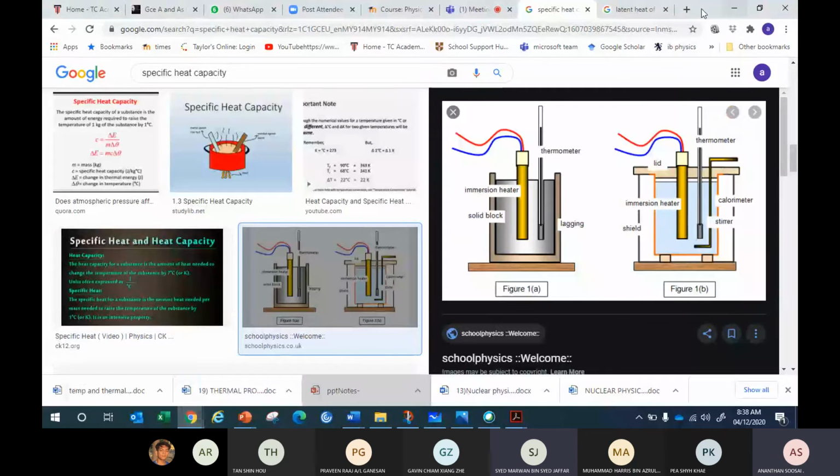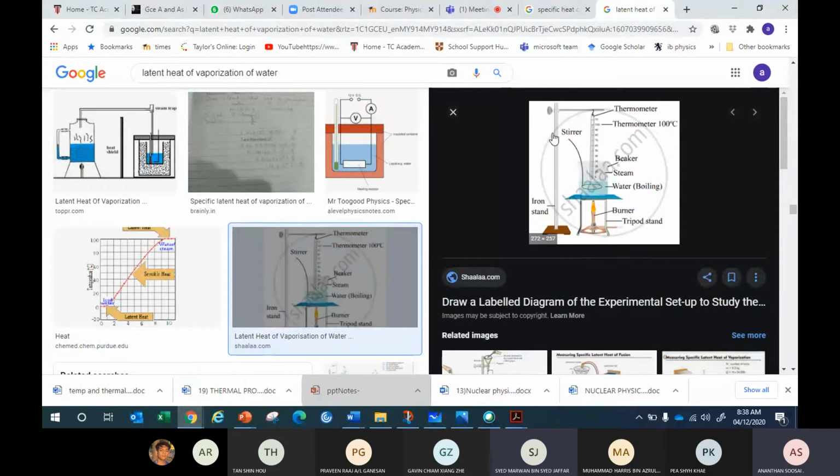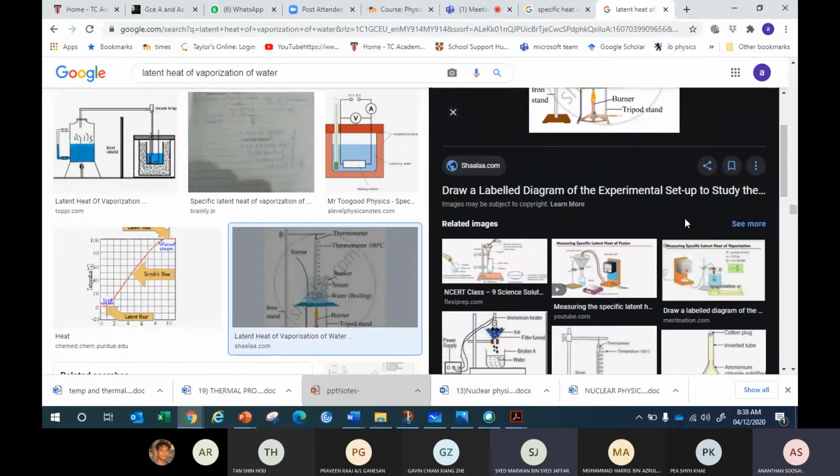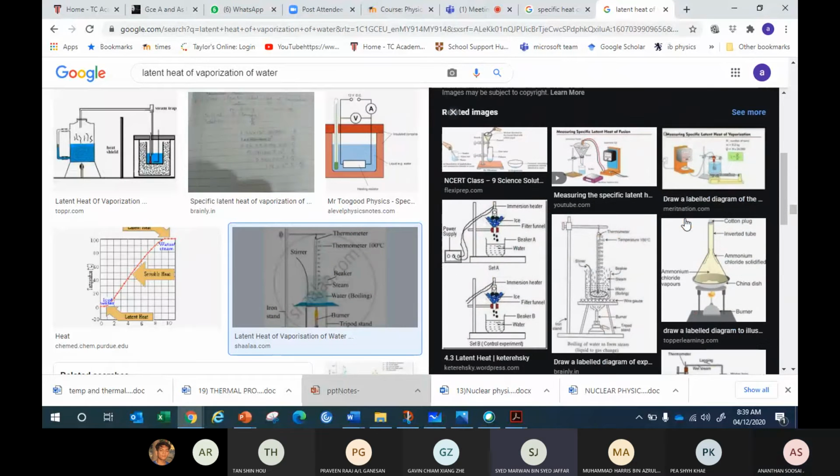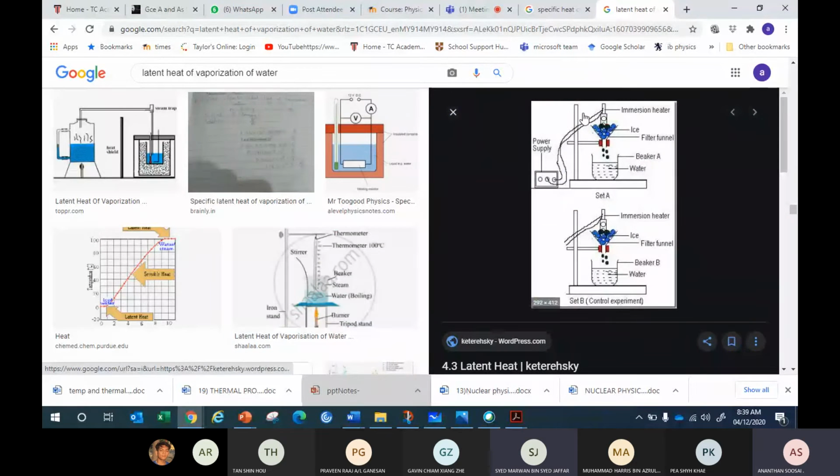This setup would be for latent heat of fusion: beaker A, beaker B, an immersion heater with ice, and a power supply. The second one is without the heater, because the power supply is not there. This is the latent heat of fusion: filter funnel, immersion heater, and everything.